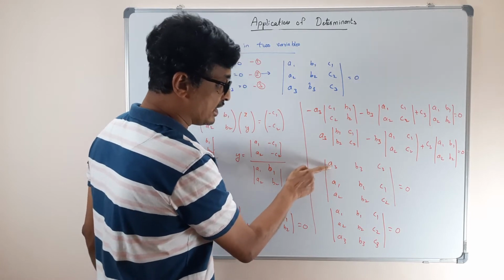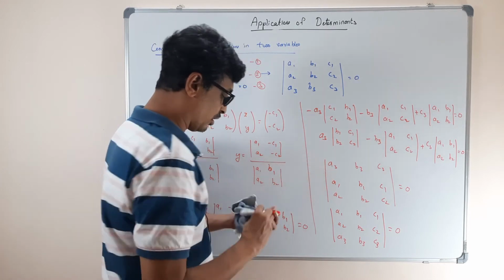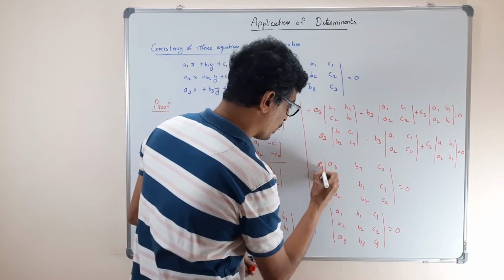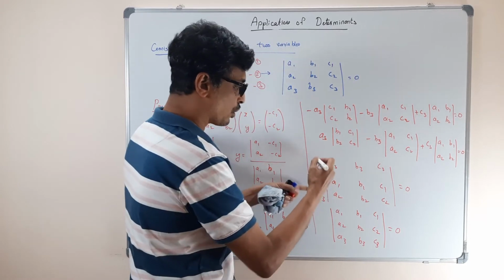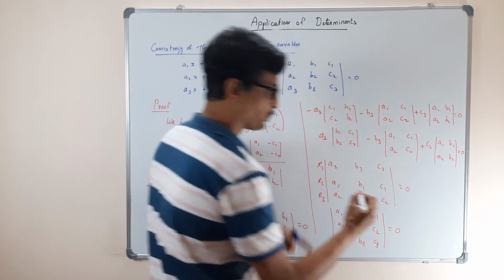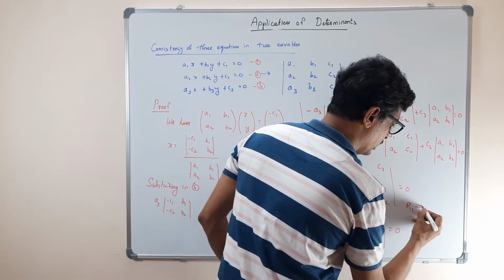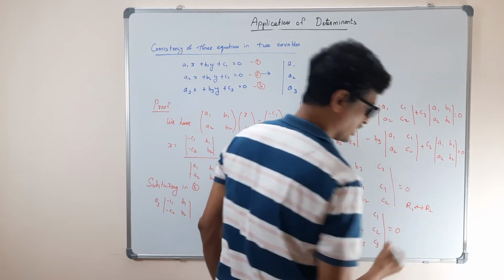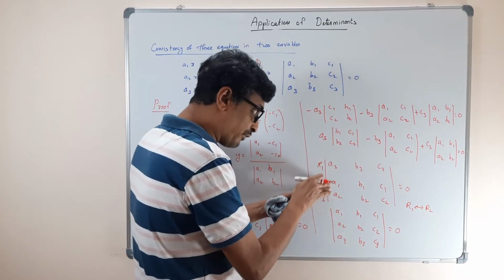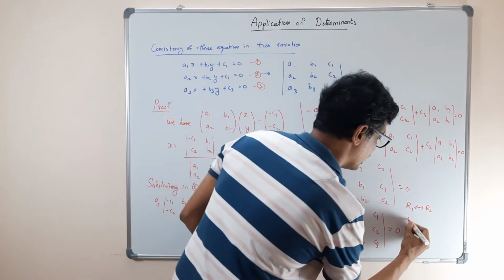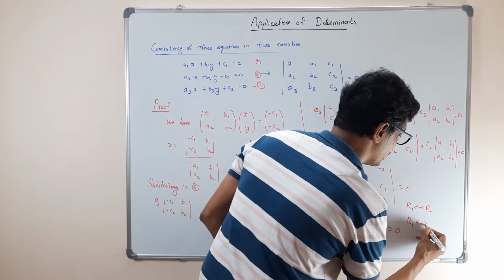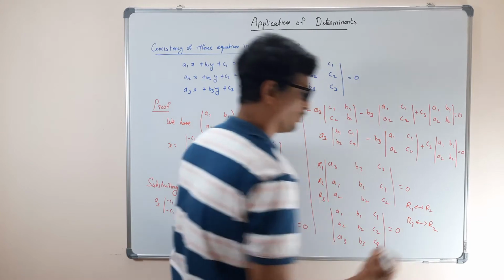In exchanging, this we call row 1, row 2 and row 3. Okay. First thing is row 1 and row 2 exchange. You have to write that R1 and R2 exchange. And then after exchanging, R3 has to be exchanged with R2.